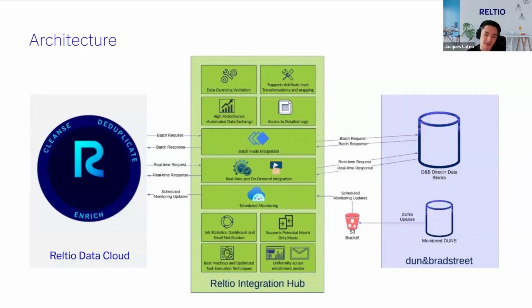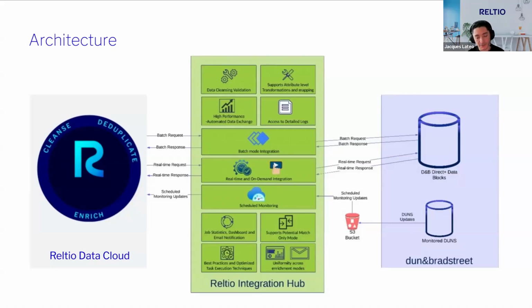If we look at the top set of arrows, we can see a batch request going out. So if we're using batch mode of integration, data is basically exported from the Reltio platform using our native export service. The data is then transformed and prepped within Reltio Integration Hub.